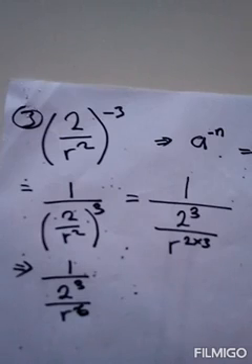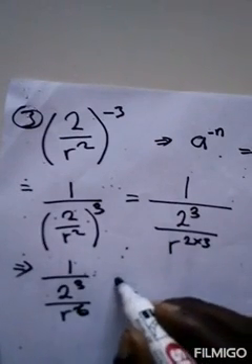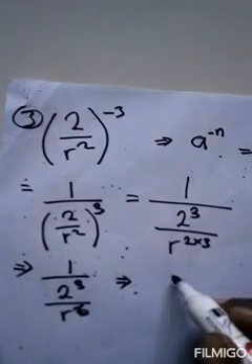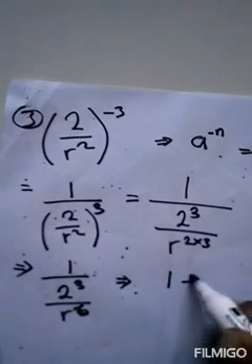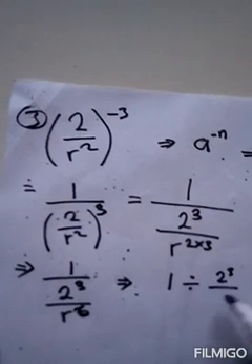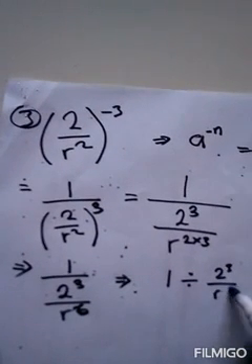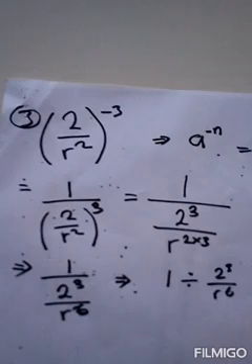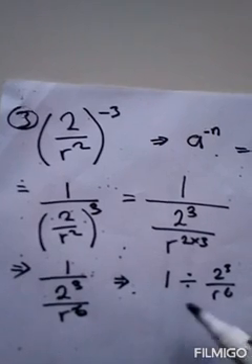So our r to power 6 is equal to, now we have to simplify this. We can rewrite this as 1 divided by 2 to power 3 over r to power 6. Now we have to simplify this expression.